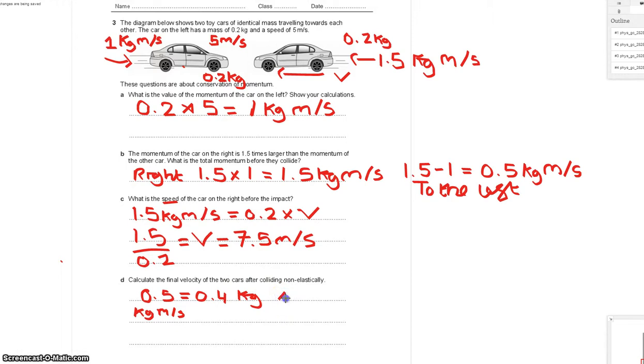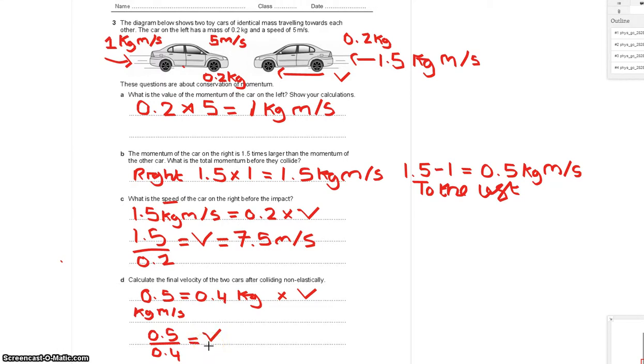And I'm timesing that by the velocity of both the cars together, which is what I want to find, them going off to the left this way. I call it v, just for the sakes of argument. Then all I have to do is rearrange this equation, simply take the 0.4 to the other side, you get 0.5 divided by 0.4, and that's my v there.